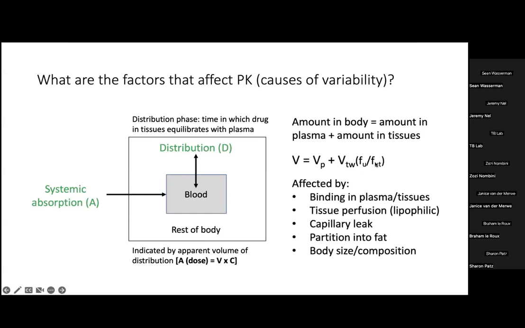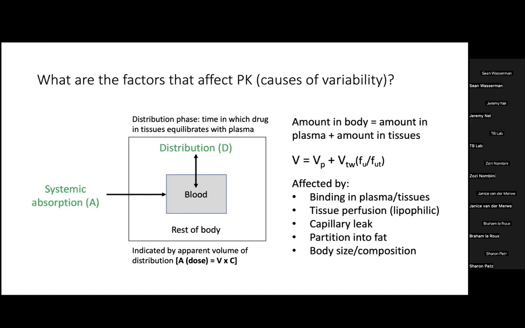Clearly, tissue perfusion for lipophilic drugs is important for volume of distribution, because lipophilic drugs cross membranes readily. And if there's more tissue perfusion, as in critically ill patients with vasodilation, then the volume of distribution goes up, because the amount of drug that gets delivered to the tissues and crosses the membranes is higher. Similarly, for capillary leak, more drug goes into tissue water.